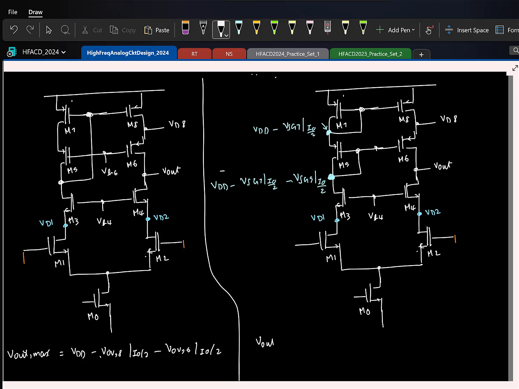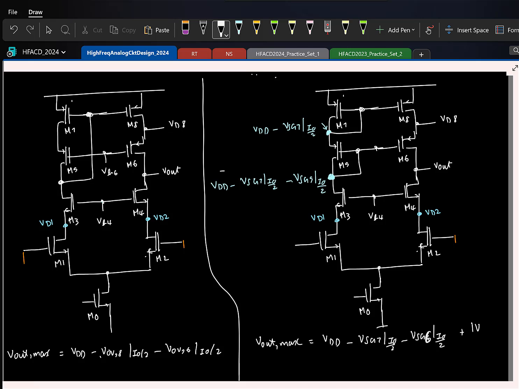The maximum output I can have is one threshold above the gate. And what is the potential at the gate? We have written it here, VDD minus VSD7 at a current I0 by 2, plus mod VTH. Again, I will say 5 and 6 are the same, so I will replace it with 6.